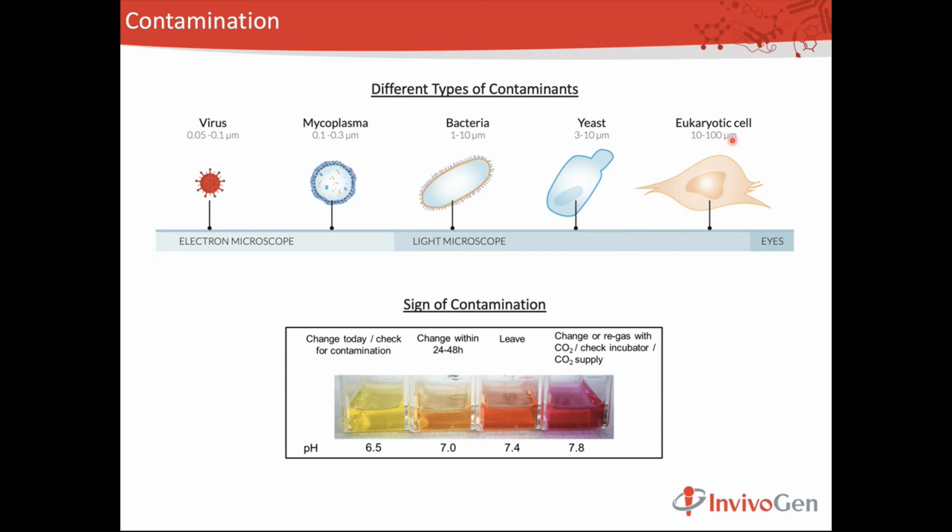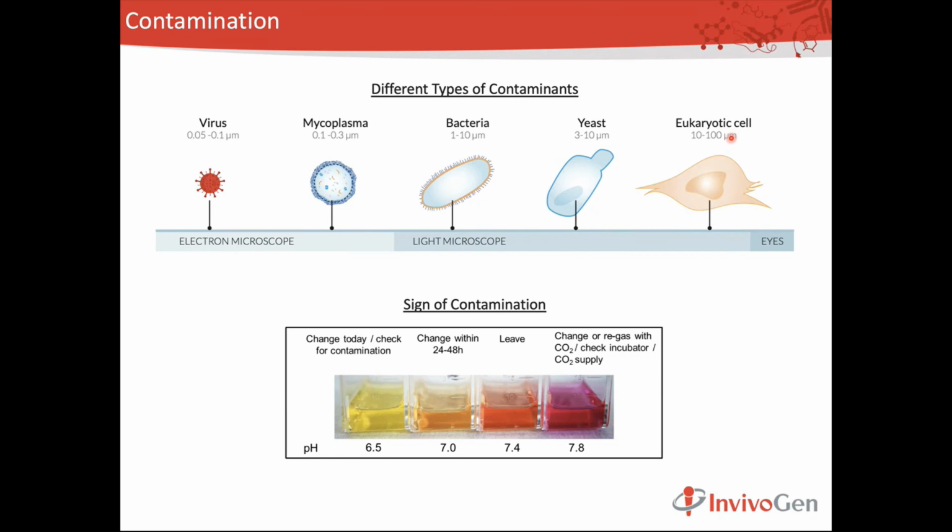You're culturing 293 cells, and then you may see some other patches of cells that look different from 293, but they're growing happily. No sign of contamination, no yellow culture medium, no turbidity. But if you can see two types of cells growing in your culture plate, then it probably means that you have cross-contaminated the two cell lines that you're working with.